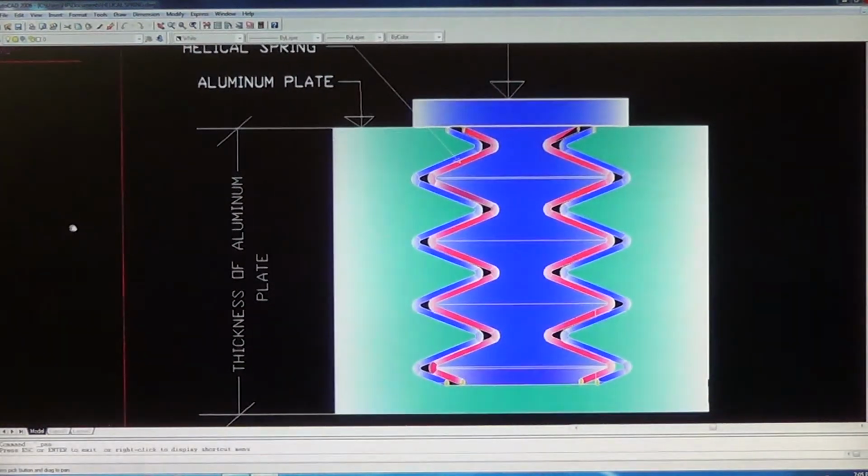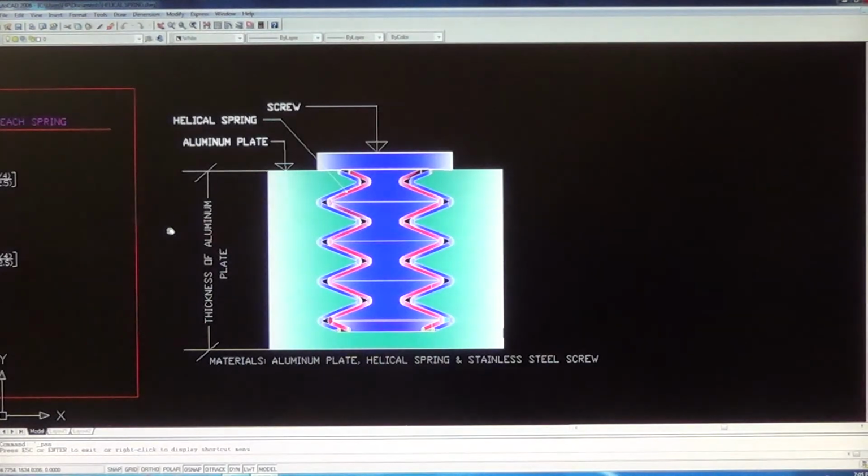Now here's the look of the helical spring used in aerospace parts, as I said earlier. Parts of an airplane are usually made of aluminum. When the engine is running, there is a large amount of vibration inside the engine, and aluminum can more likely be damaged easily by a screw.